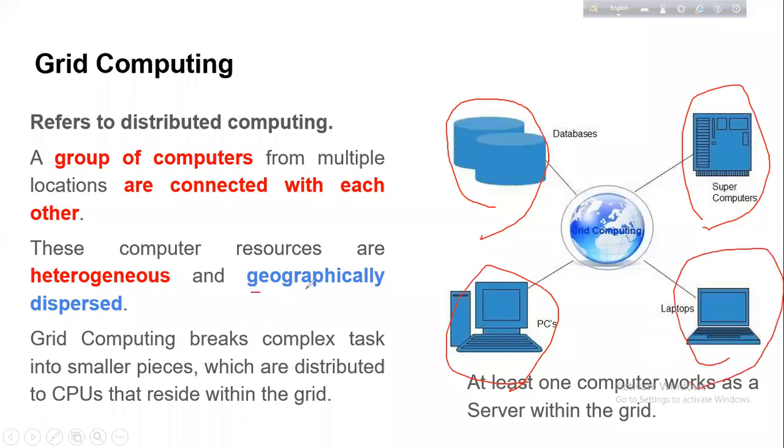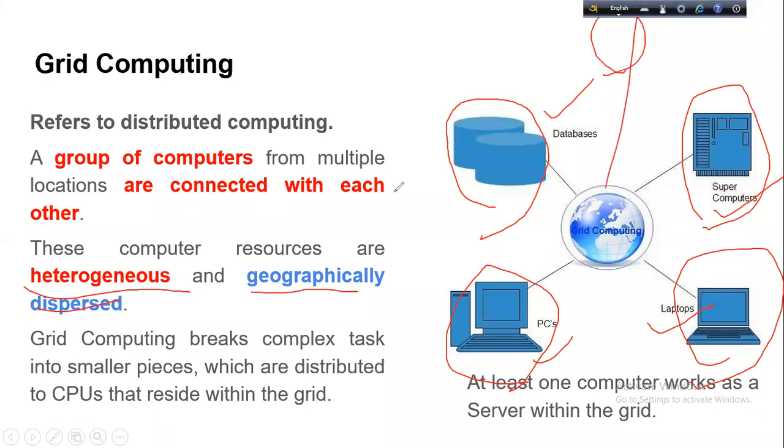They are geographically dispersed, located in different places, and they are heterogeneous. Something like these: a database, a supercomputer, laptops, maybe PCs, some other storage, and so on. So a group of computers from multiple locations are connected with each other.